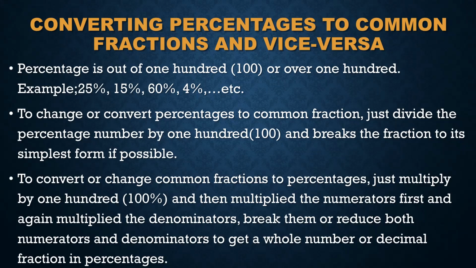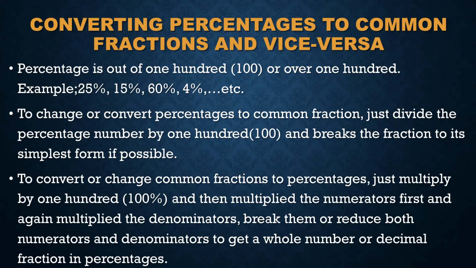So once they ask you to change percentage to common fractions, the only thing that you do is divide the percentage number by 100. Let's assume that they have given you 25% to change to common fraction. The 25 is the percentage number. Then you divide the entire 25 by 100, and then you start doing your cancellation.